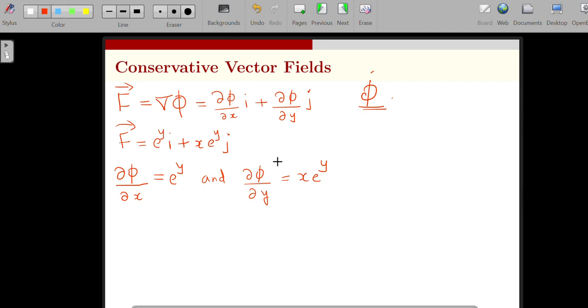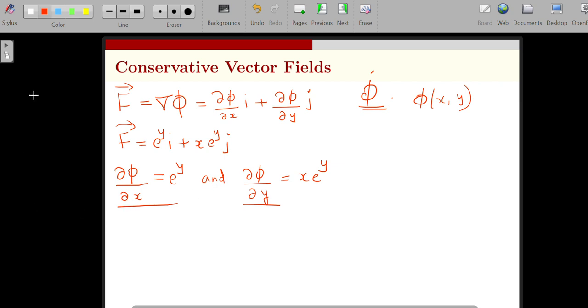So what you need to do is obtain phi from ∂phi/∂x or ∂phi/∂y. The scalar function phi is a function of x and y, because this is a two-dimensional vector field. So in order to obtain phi, you have to either integrate ∂phi/∂x with respect to x or ∂phi/∂y with respect to y.